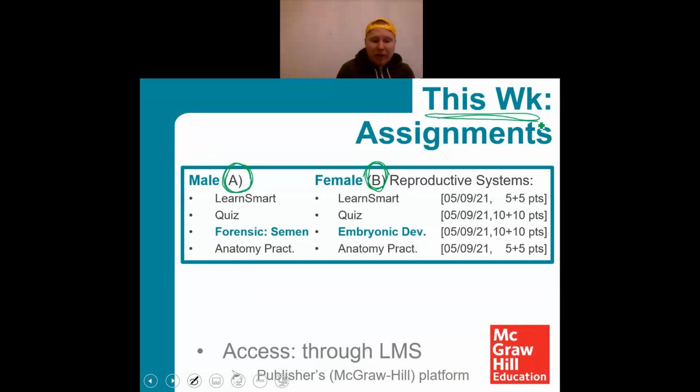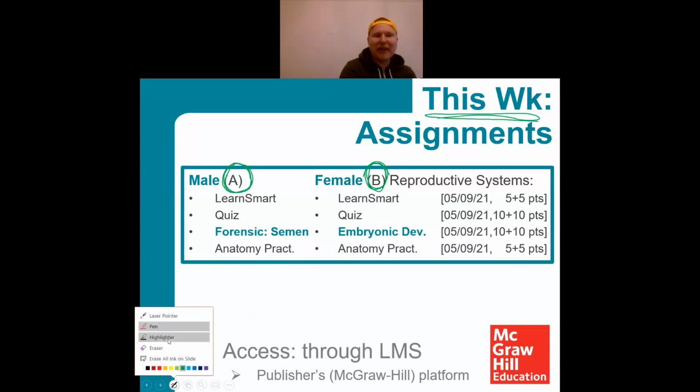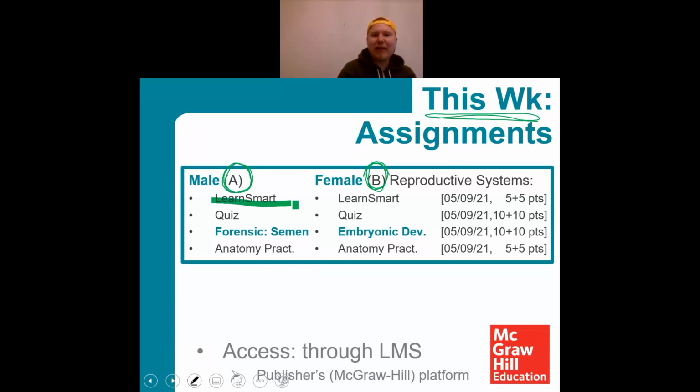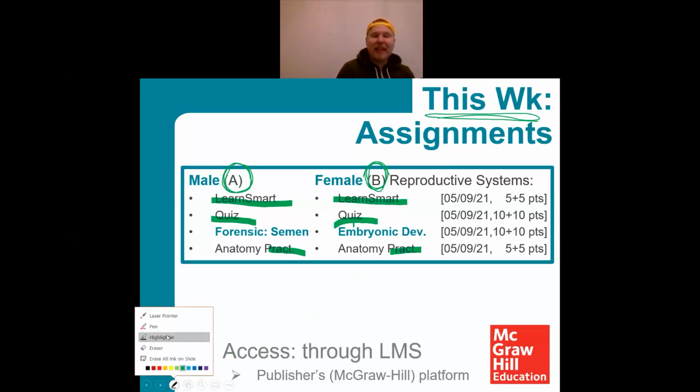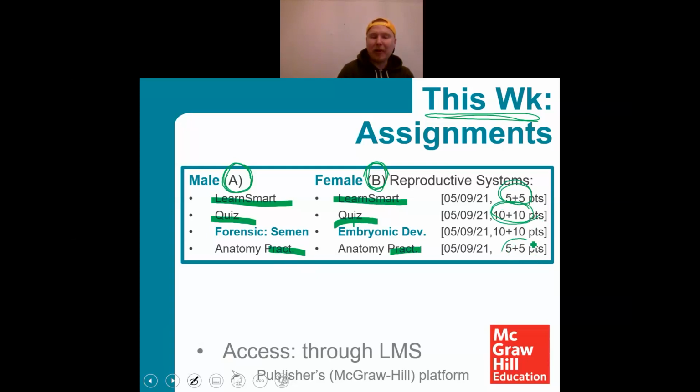For both, you have elements you are already familiar with: the LearnSmart, the quiz, and the practical for both. As you'll notice, there are double points if you add them together, so there's more points this week to cover. Make sure that you cover both of the learning modules.